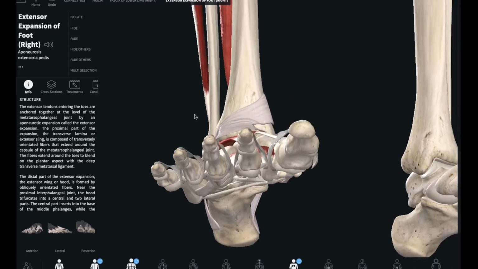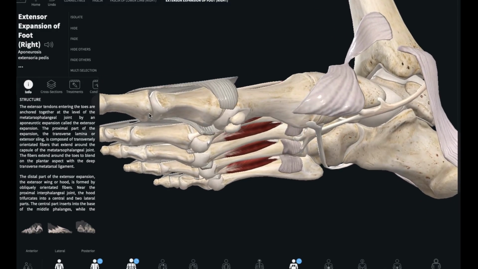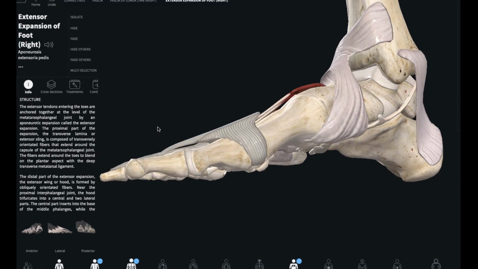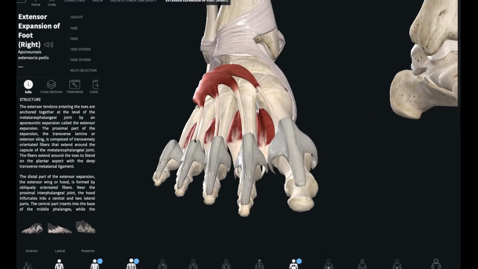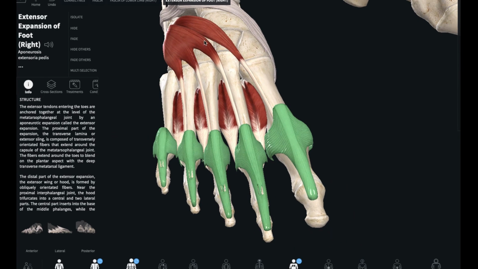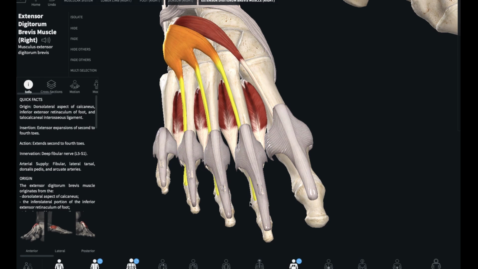Right there. You kind of see how it connects. So these both, I'll get to that one in a second, connect to the dorsal digital extensor expansion.